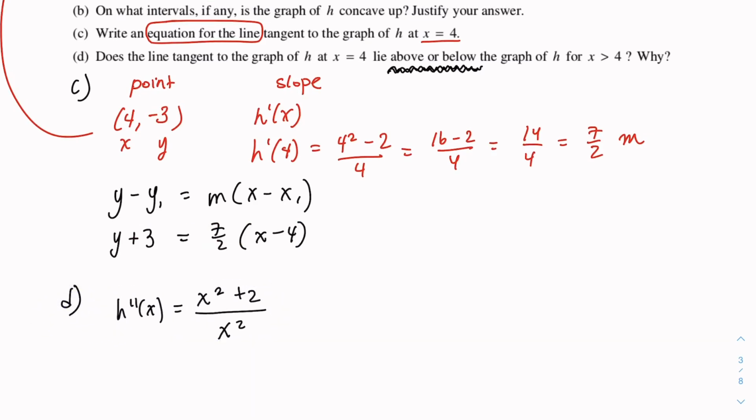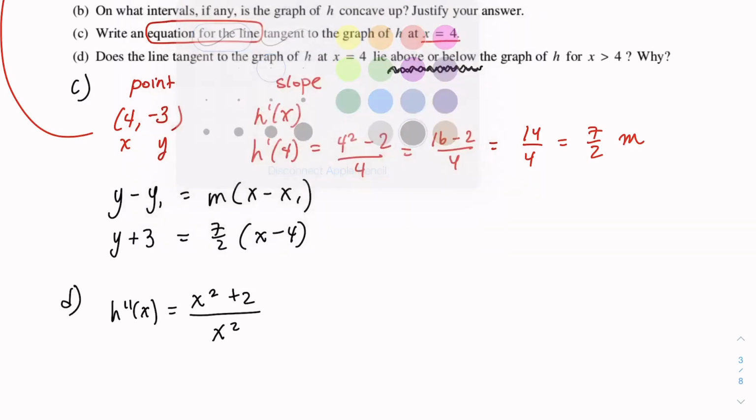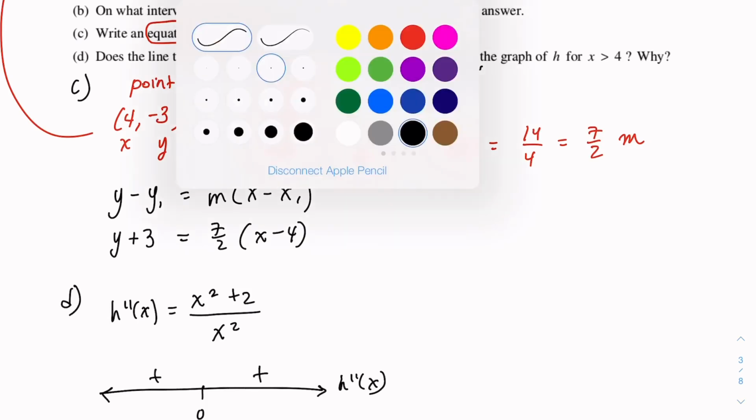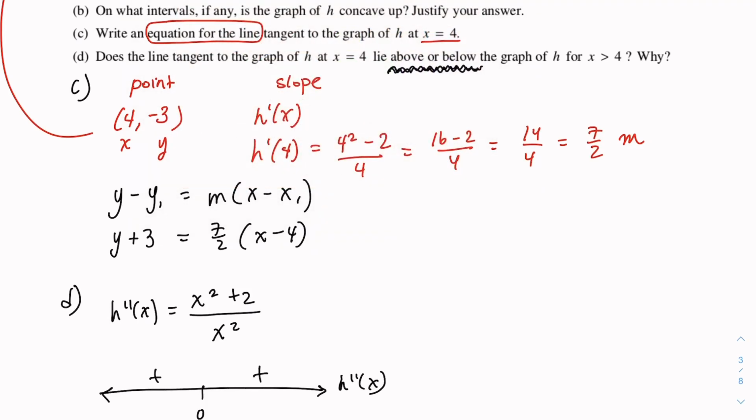From part B earlier, we already found the second derivative. And we made a number line, which I'll recreate here. We had a 0 of 0, and then our signs are plus and plus. So we can see from this graph that it was definitely concave up for x values that are 4 or more.